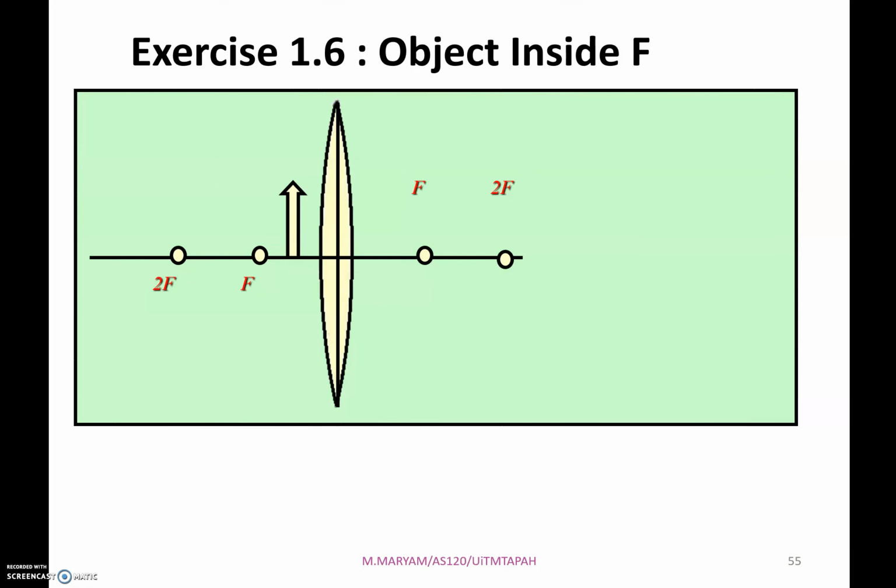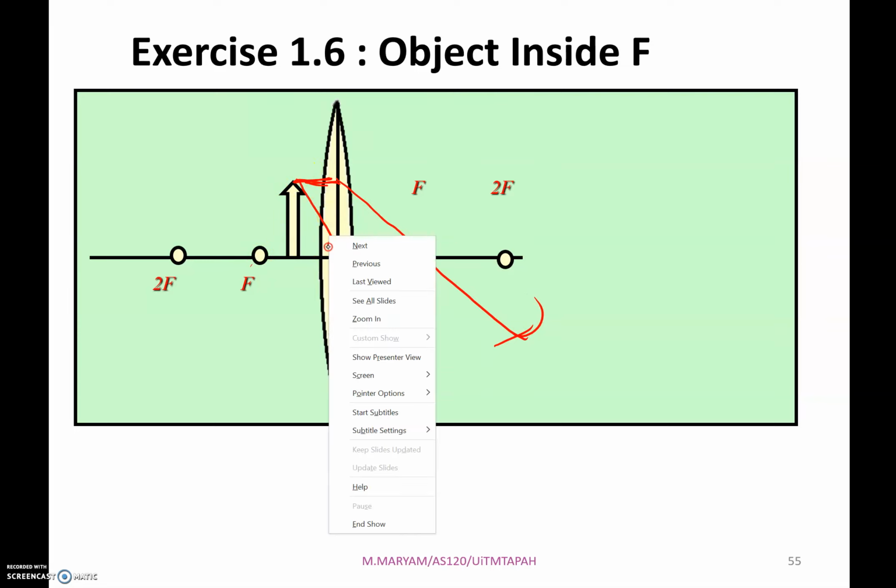Okay, the next one will be if the object is inside f, meaning it is smaller than the focal length. So again, let's draw this straight line, which will go through the f. The second one cannot go through the front f, so you can actually draw it at the center only.